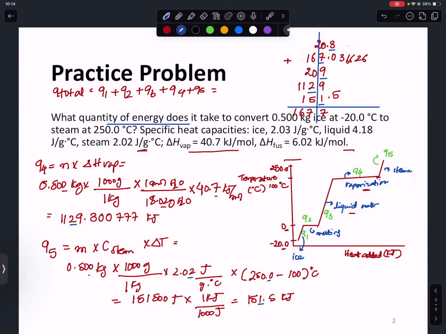So here will be the tens place. So in this case, the Q total will be 1,677 kilojoules. And I'm going to round it up. So it's going to be 1,680 kilojoules. I hope this was clear enough.